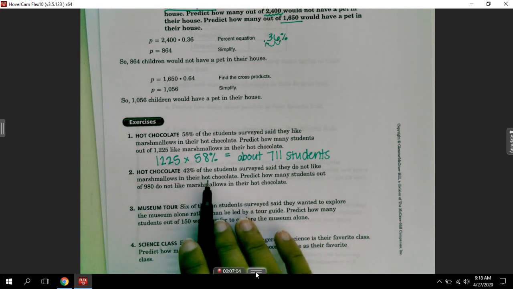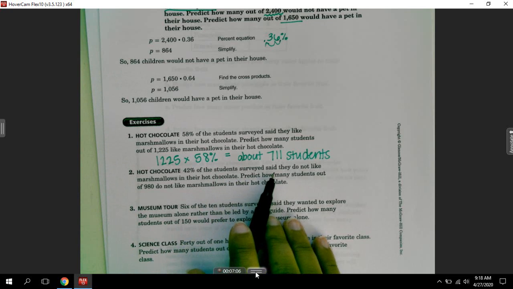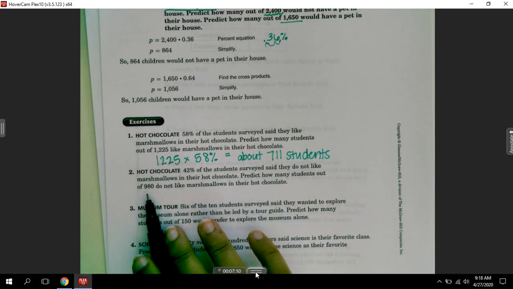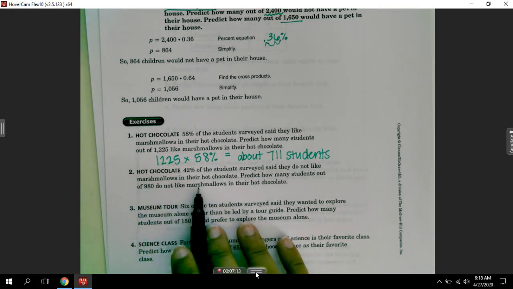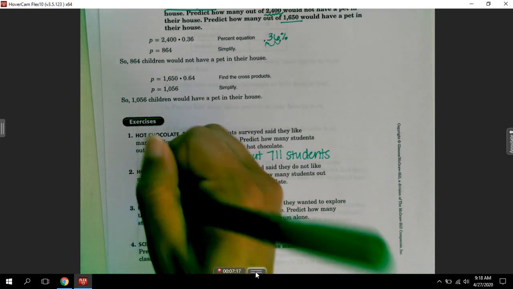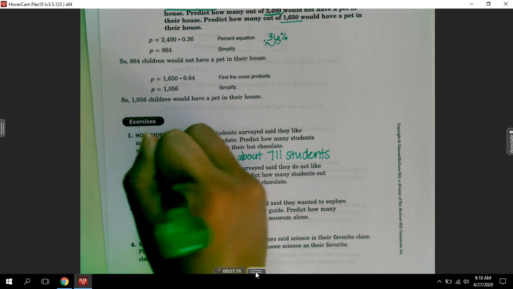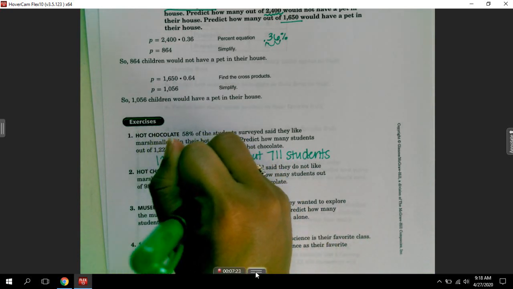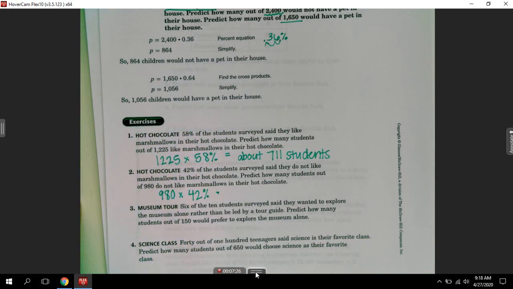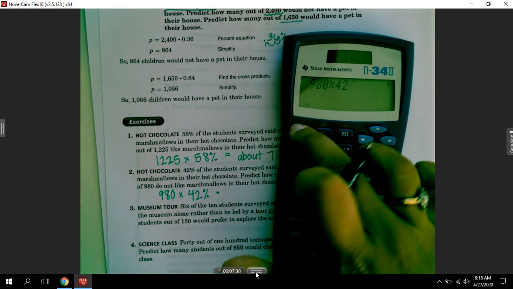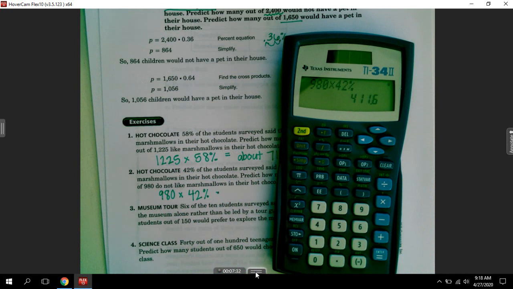Number 2, it says 42% of the students surveyed said they do not like marshmallows in their hot chocolate. Predict how many students out of 980 do not like marshmallows. So I'm taking that total amount that we're surveying, so 980, times the percent, which is 42%. 980 times 42% is 411.6.